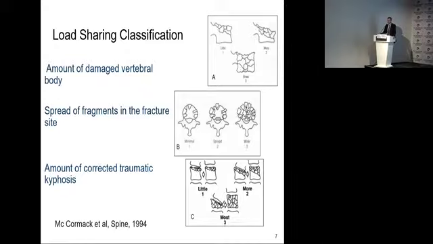publication, McCormack defined a classification in 1994, which is the load sharing classification, and he defined some domains: the spread of the fragments, the amount of damaged vertebral body, and the amount of corrected kyphosis. Then he gives points, and says okay, you need to go anterior for this many points, and you don't need to go anterior below that.